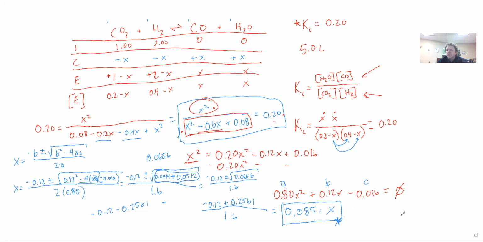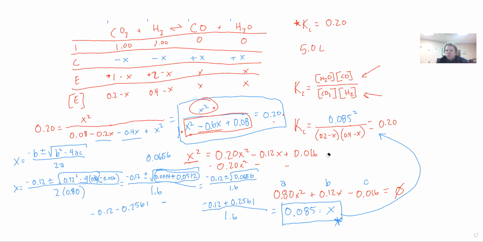Since I've solved for x, I'm going to go back to my equilibrium expression right up here. And I'm going to take this 0.085. This is a little bit of what's called confirmation bias, but I'll say 0.085 squared. Plug in that 0.085. And then I'll do 0.2 minus 0.085.